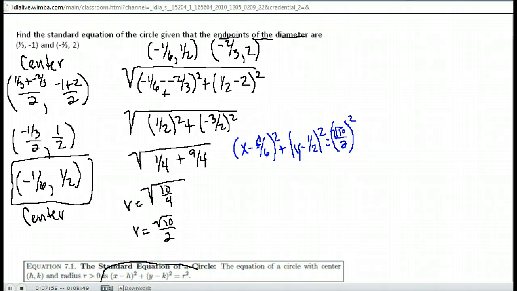And then we just want to go ahead and clean that up because we had an x minus negative 1/6 there. Okay, so that would give us x plus 1/6, plus y minus 1/2 squared.